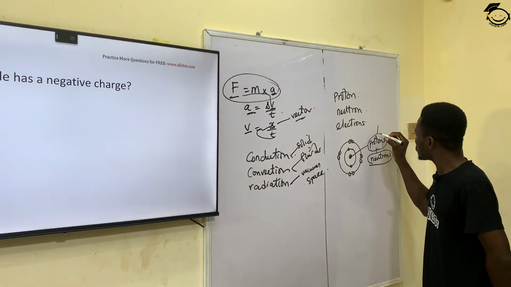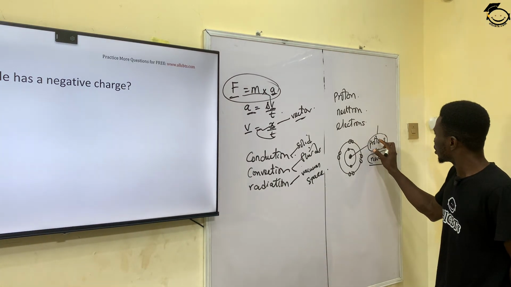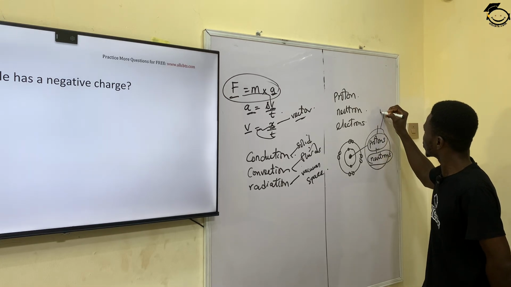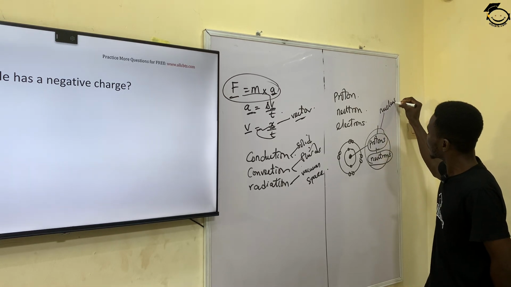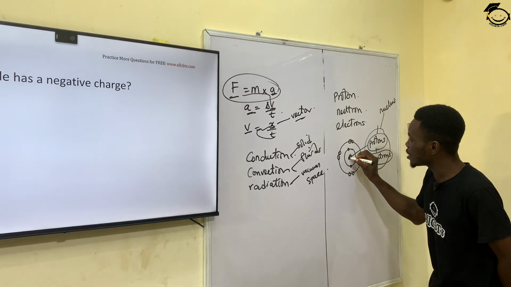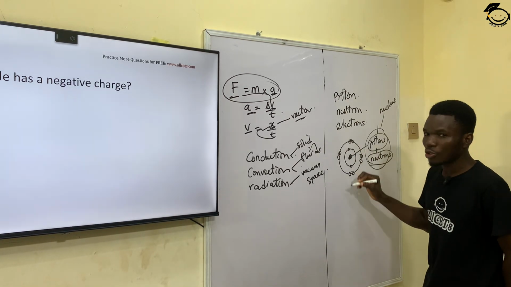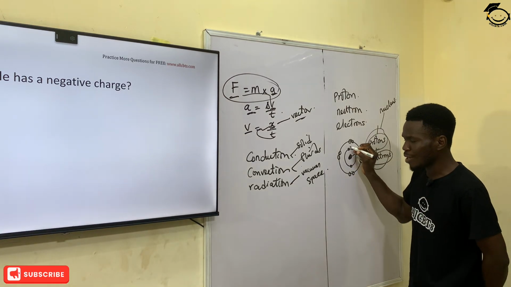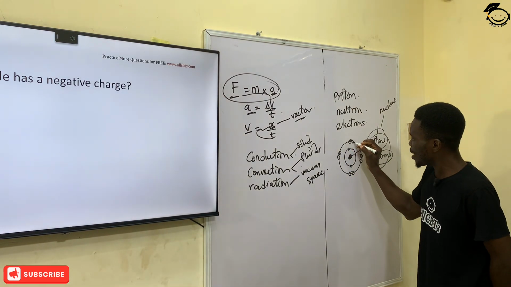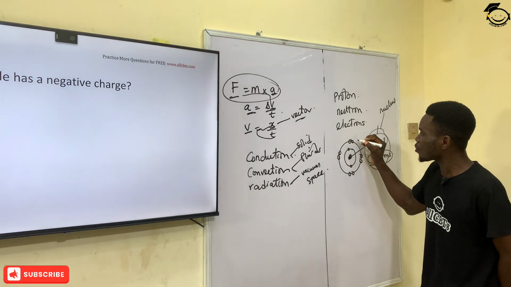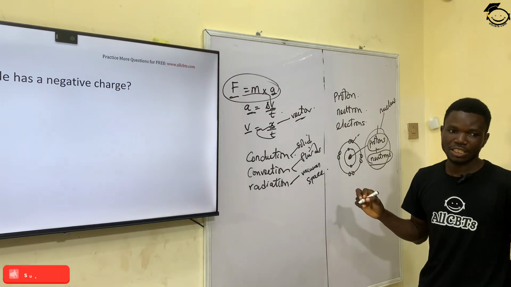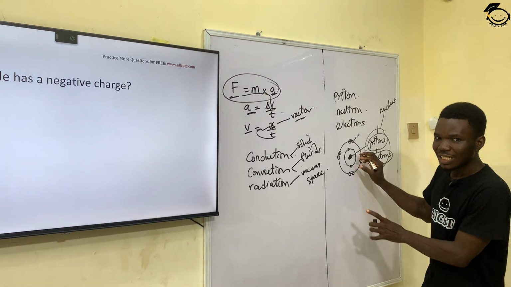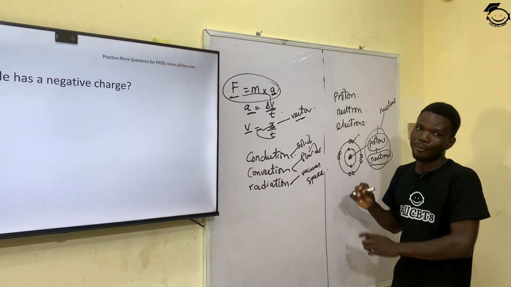Because the protons are together with the neutrons within the nucleus, automatically the nucleus becomes positively charged. So in order for the electrons to remain within these orbits, within these shells, they have to be negatively charged, so that there will be a force of attraction between the nucleus and the electrons to keep them in their shells.